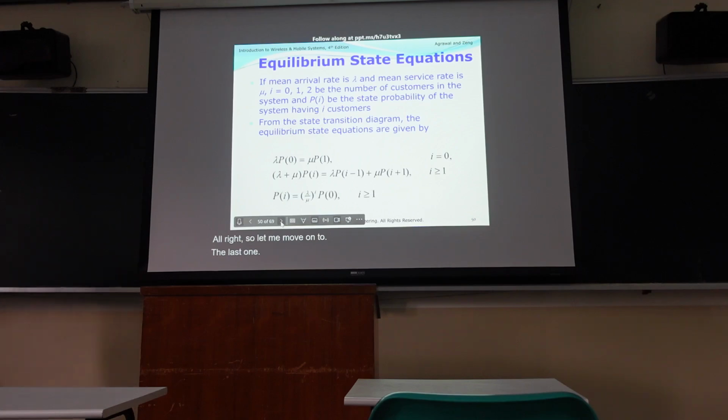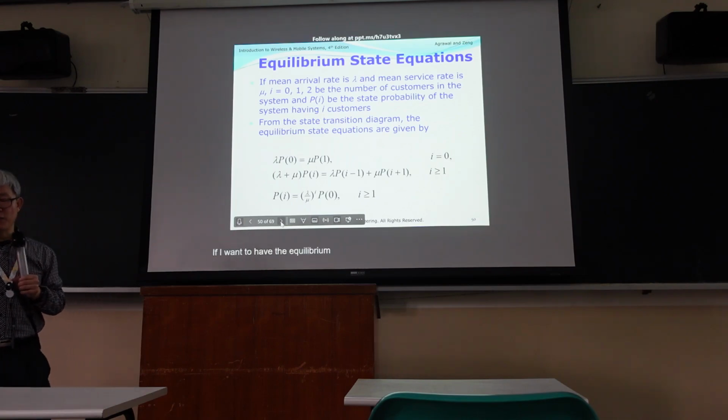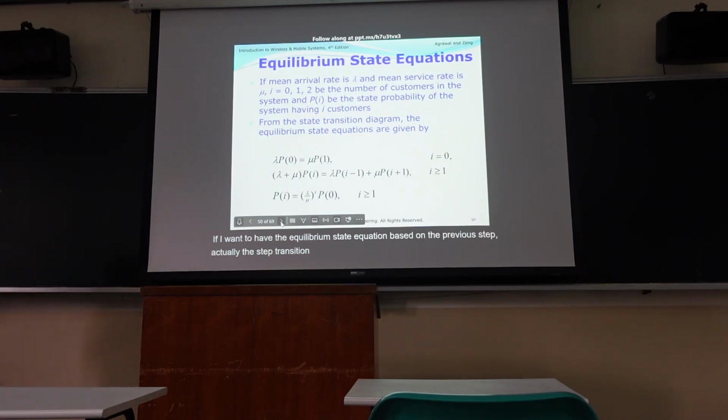If I want to have the equilibrium state equation based on the previous step, actually the state transition diagram, so we will have the equilibrium equations. We want to have a probability.